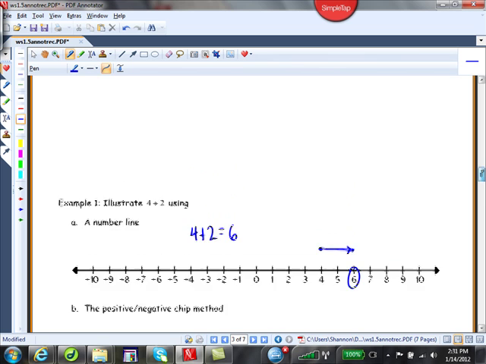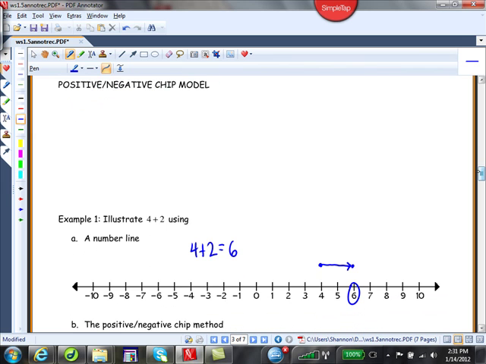Now, let's talk about the positive negative chip model. All right, so here we go. The positive represents one positive. And then this guy represents one negative.